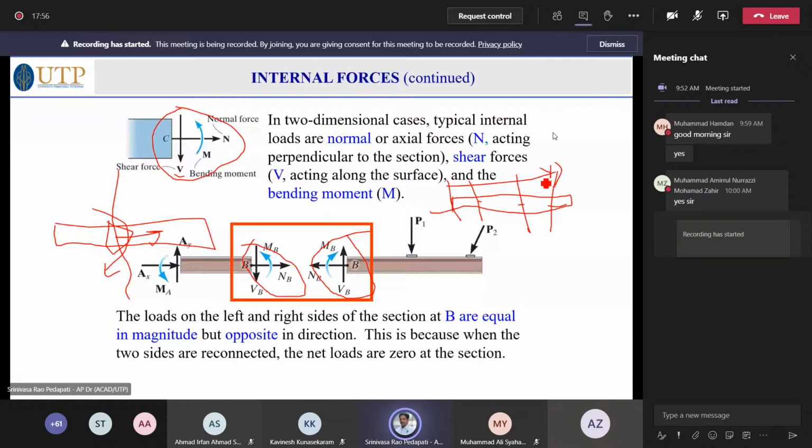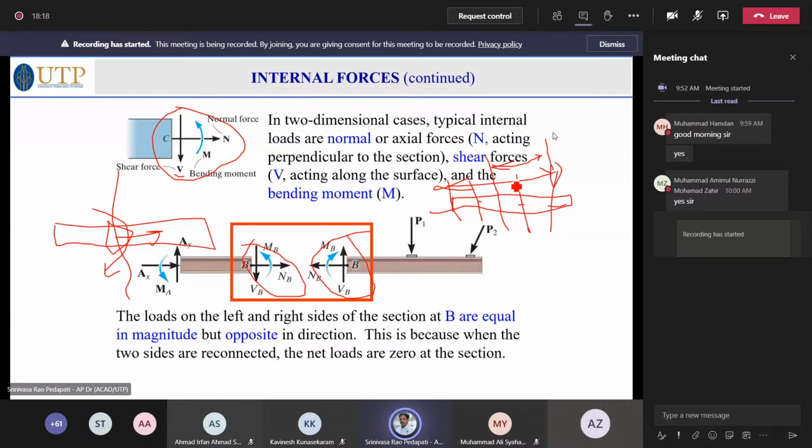So this is the criterion for why we have more width at the starting point of the beam. It is because as the distance goes on increasing, the moment goes on increasing. That means F into D: as D increases, the moment increases.